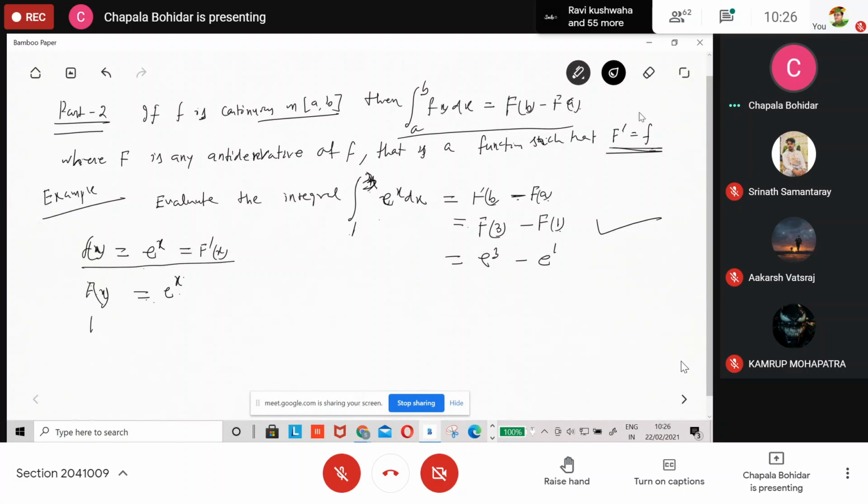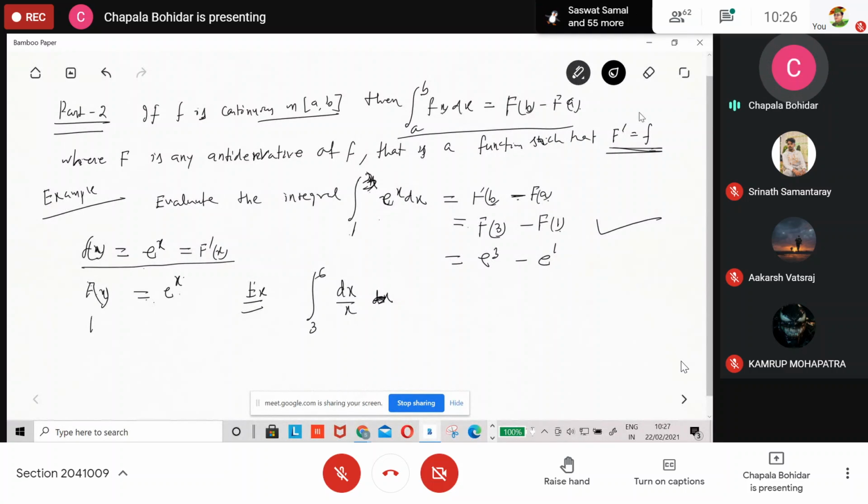So now, second example: evaluate the integral from 3 to 6 of dx by x.